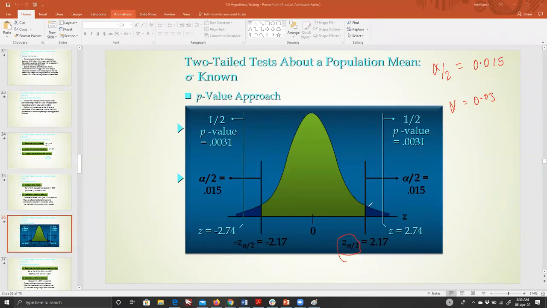Critical value approach, sir. Okay, I got it, I've got the idea. So you are saying, what is your Z alpha by 2 value? 0.97. Sorry, how can you get 0.97? You are saying Z alpha by 2 is 0.97.